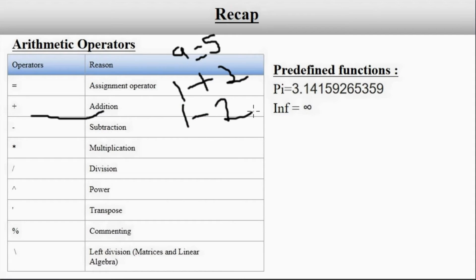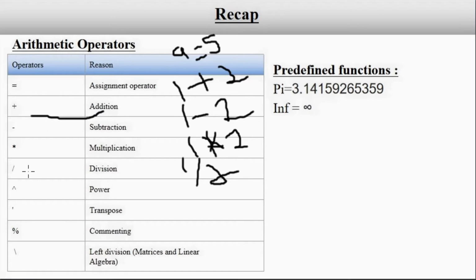Like that we have the small star, which is used for multiplication, and slash, which is used for division, 1 slash 2. We saw some operations like that.